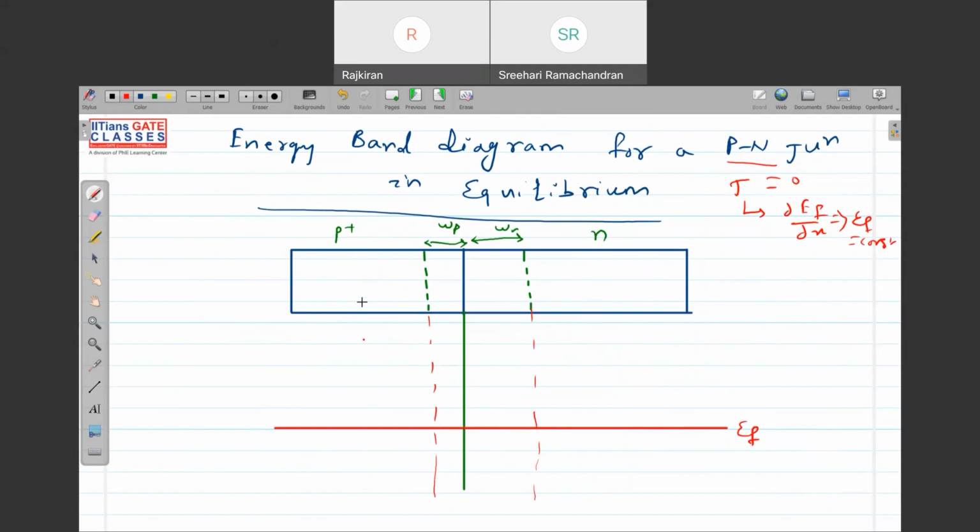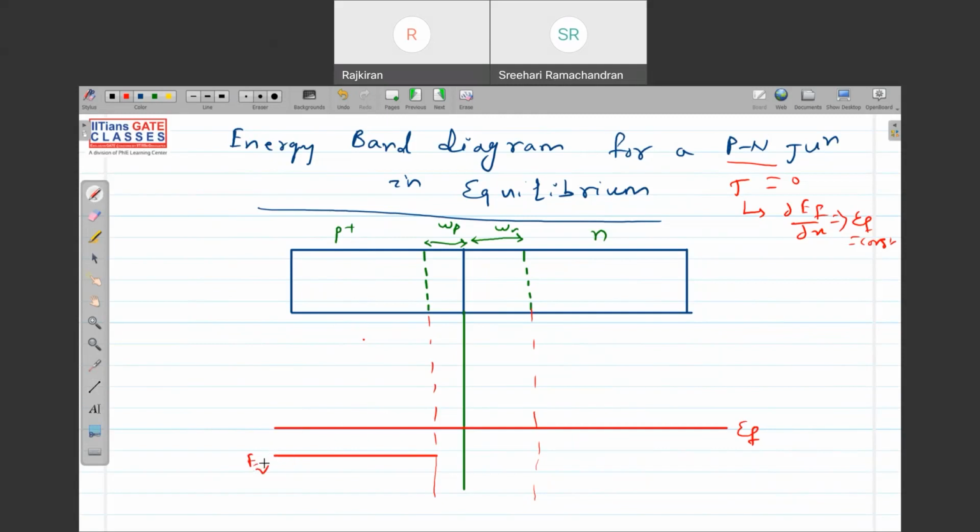In the quasi-neutral region, in the P side, I know the holes are the majority carriers compared to the electrons, clear? And in a P-type semiconductor, the Fermi level is near the valence band. So draw the valence band here. This is my EV.